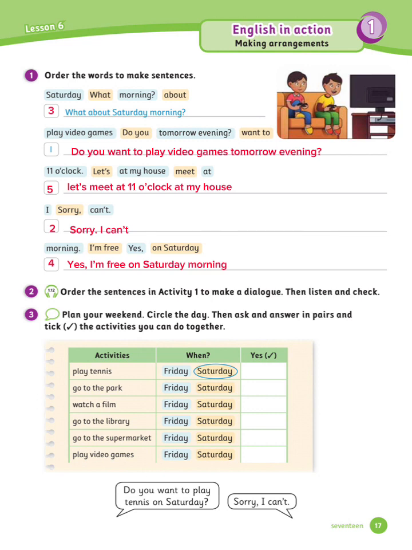Now, let's move to exercise number 3. Plan your weekend. Circle the day, then ask and answer in pairs, and tick the activities you can do together. Let's see the activities. Play tennis, go to the park, watch a film, go to the library, go to the supermarket, play video games.